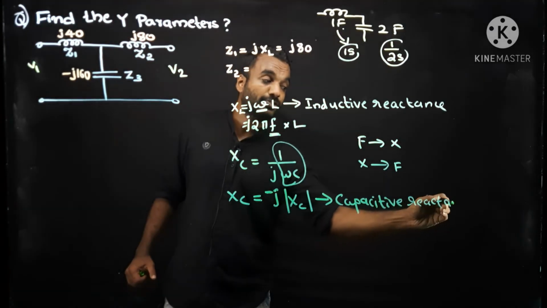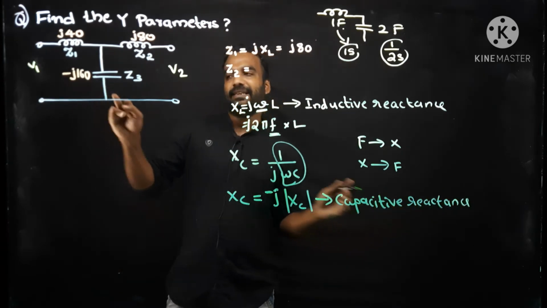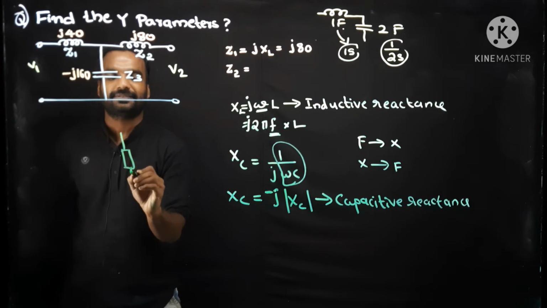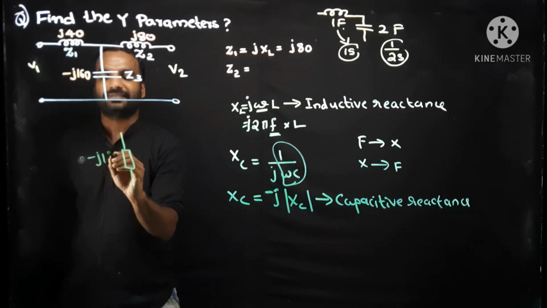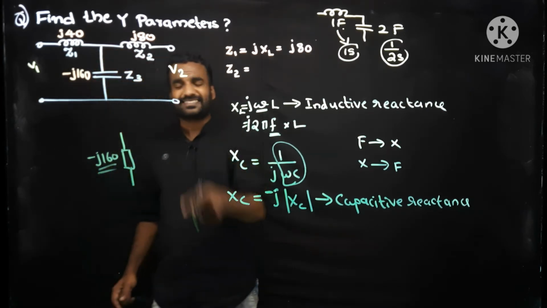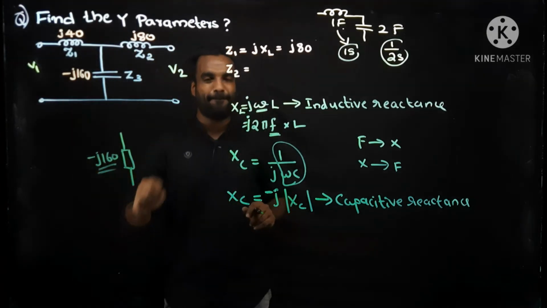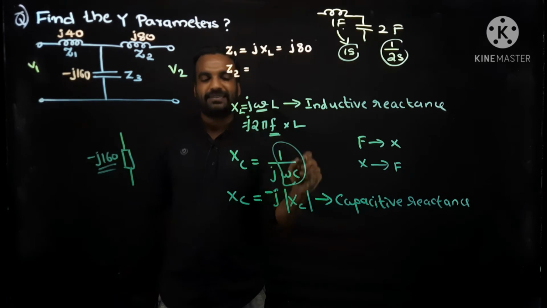Whether the capacitor is marked or not: in this question they marked the capacitor. Suppose they are marked like this and they write J160, then you have to understand that it is a capacitive reactance. Only then will the minus J come. Minus J will come only when it is a capacitor.